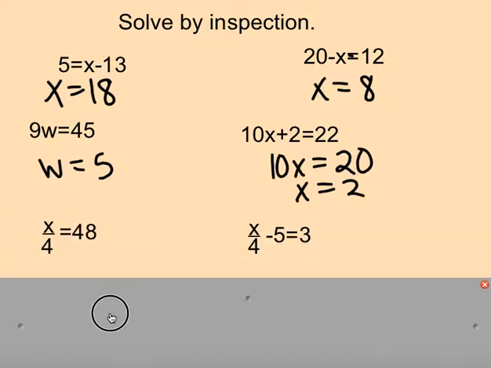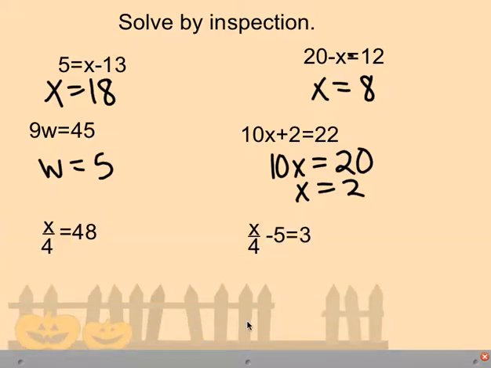Two more. I need a number that when divided by 4 gives me 48. Let's see. If I take 100 and divide it by 4, that would only be 25, so I need a bigger number. How about 160? 160 divided by 4 gets me to 40. I'm getting close.